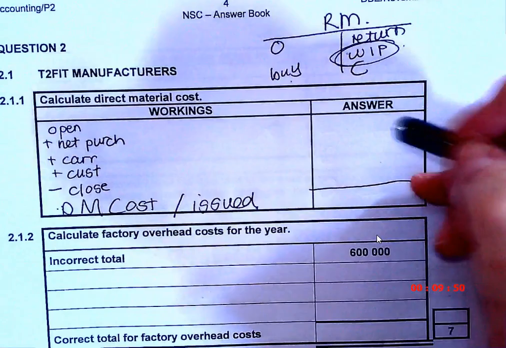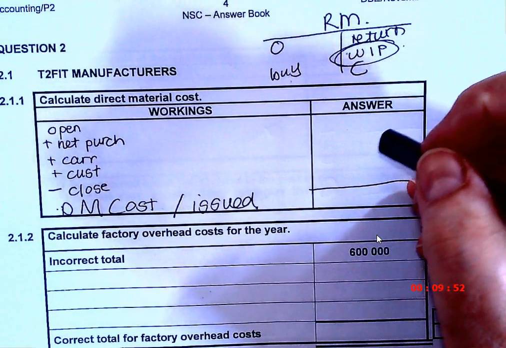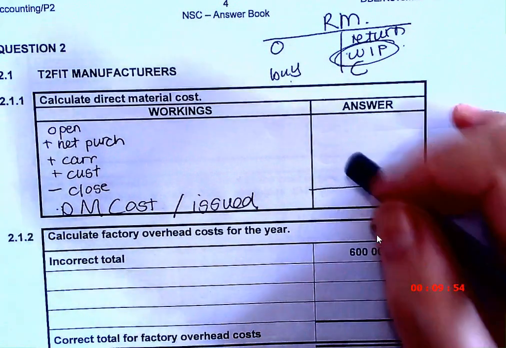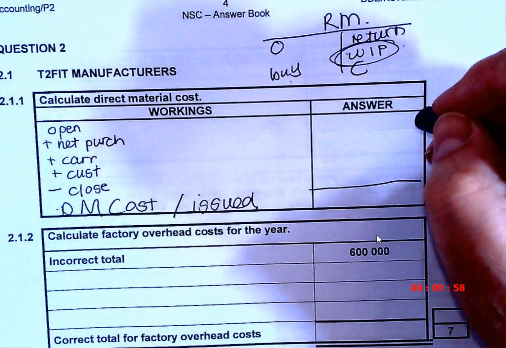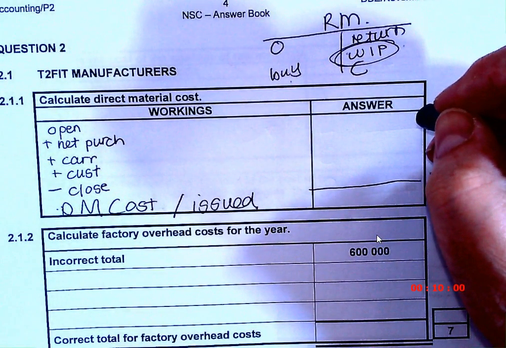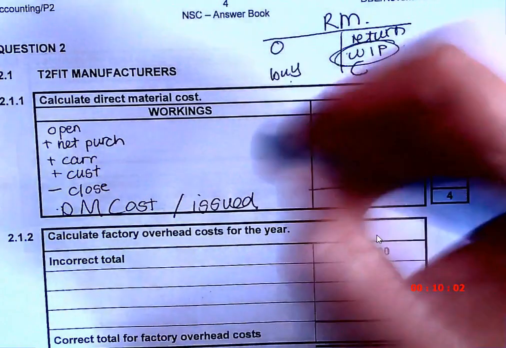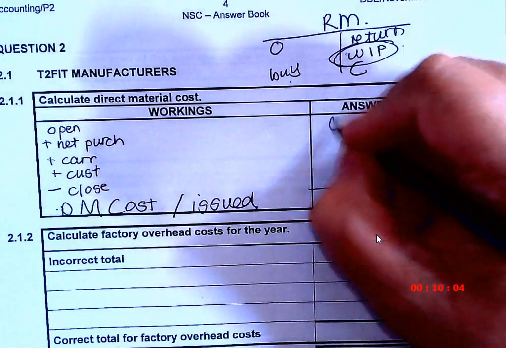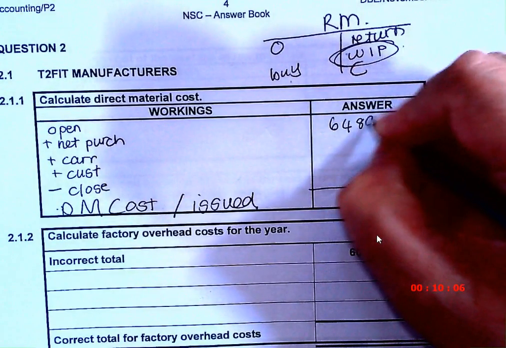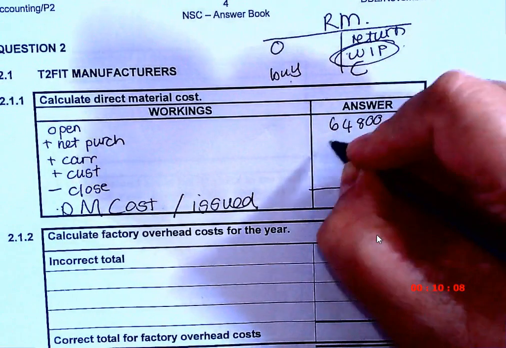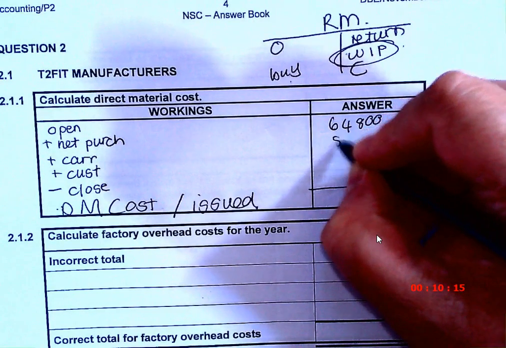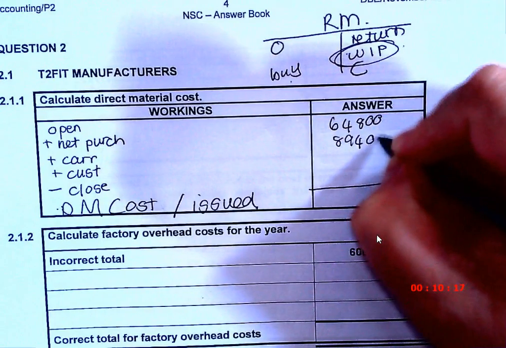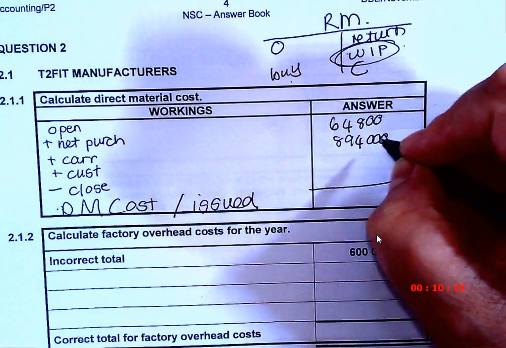So let's start. They give me stock balance, but can you now see they say meters and the amount. You work with the amount. Okay, so I see opening is 64.8. Purchases is, was there anything returned? Nothing. Look how straightforward this is. 894. There is no customs, nothing.